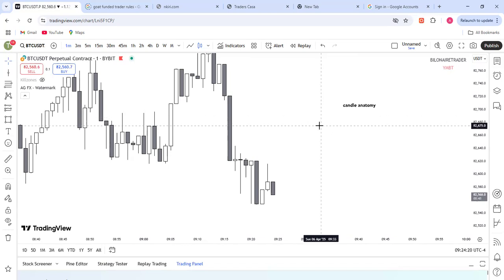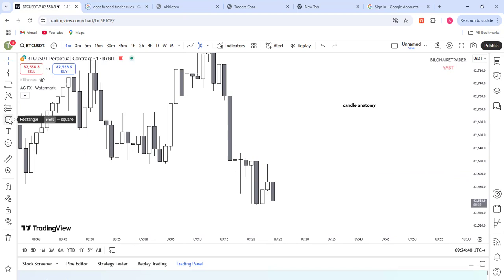What do we mean by candle anatomy? It means the behavior of each candle, because it matters when you understand the behavior of a candle. Is a candle closing bullish or is a candle closing bearish? How do you know how a candle closes? Now, this is it. There are four things that a market candle does.